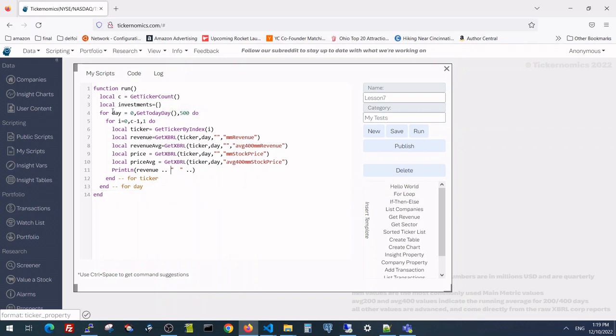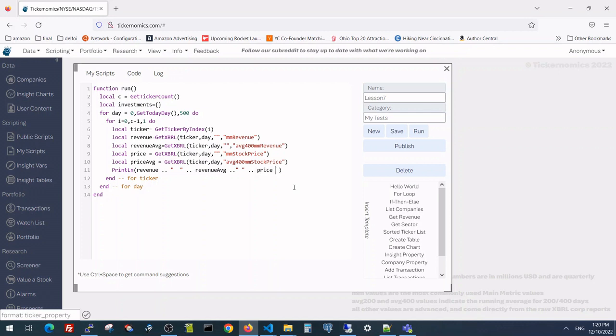So this for loop within for loop will run, I'm quite sure, many million cycles. So if you're not careful here, you will get stuck waiting until everything is printed out. So revenue average, even with increment by 500 days, it still will run a lot of calls.